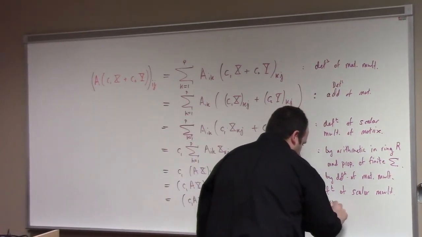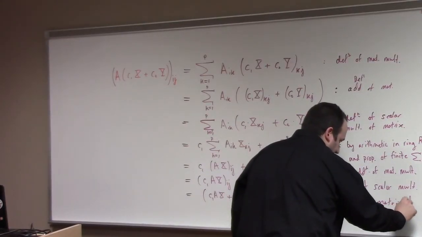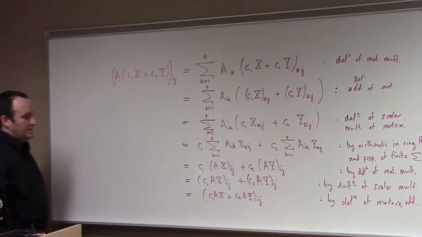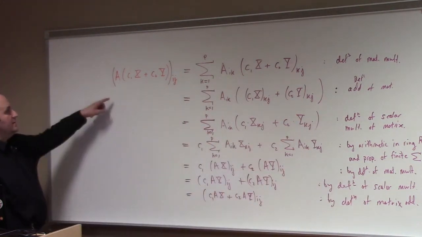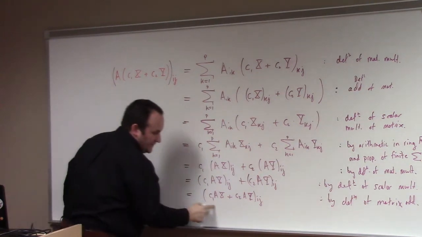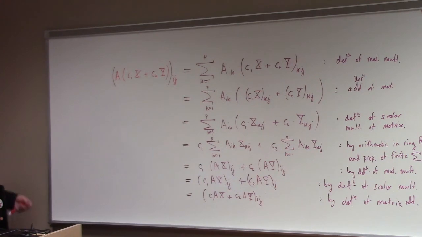By definition of matrix addition. Aha, I have finally shown that the ijth component of this is equal to the ijth component of that. For arbitrary components, it follows then that A times (C1 x plus C2 y) is equal to C1 Ax plus C2 Ay, which I'm not going to write because I'm tired. But you should write it.